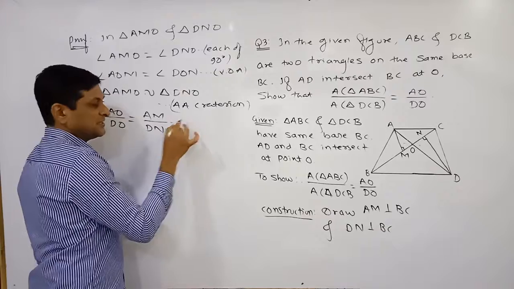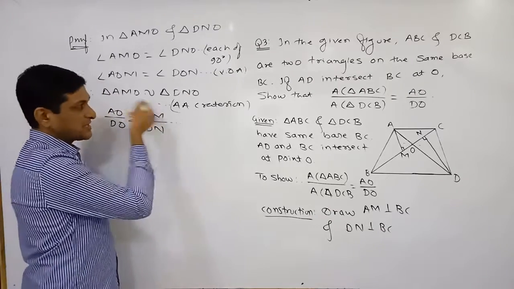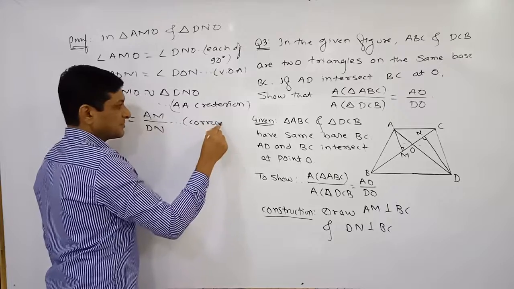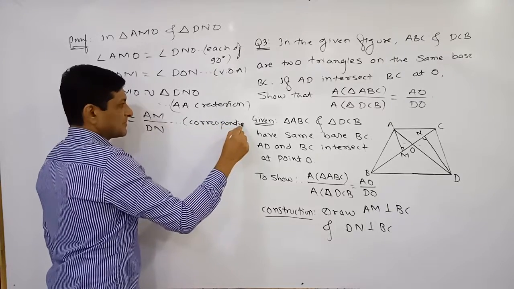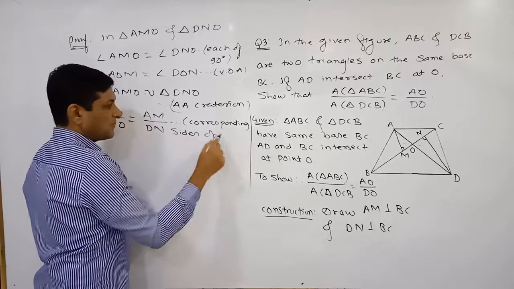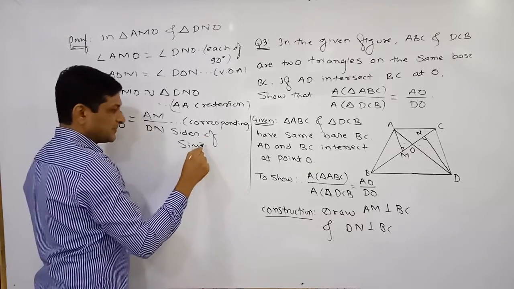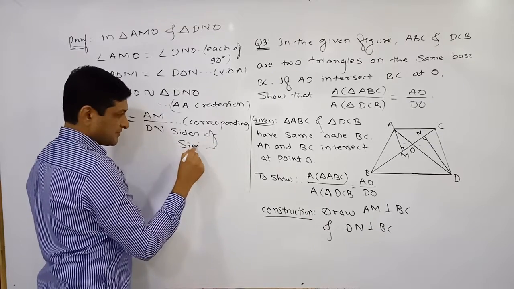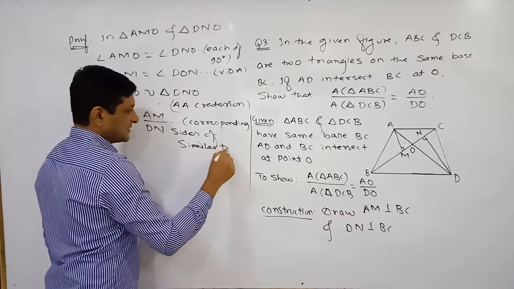These ratios are equal because these are corresponding sides of similar triangles.